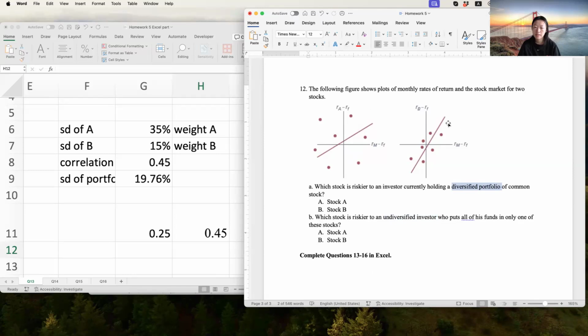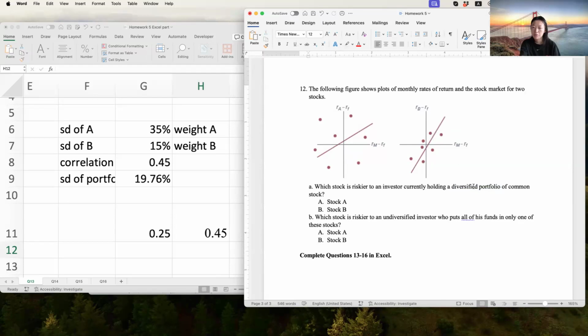Looking at A and B, B has a higher correlation with the market and A has a lower correlation. If this investor that holds the market considers B, there will be fewer diversification effects.